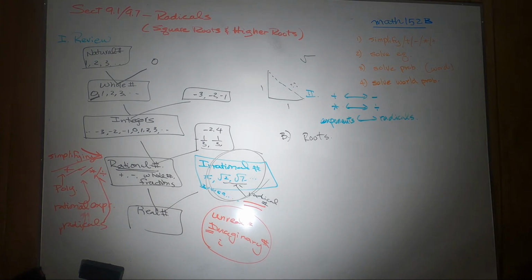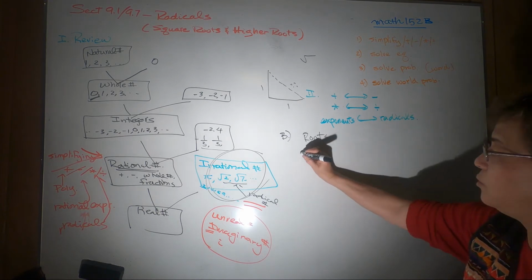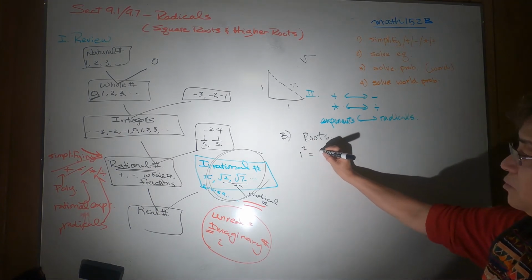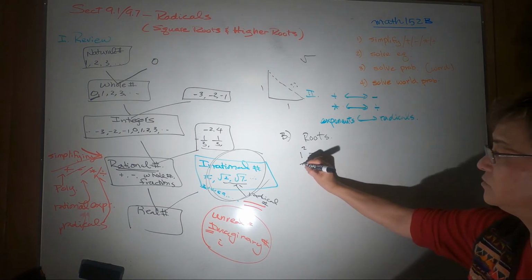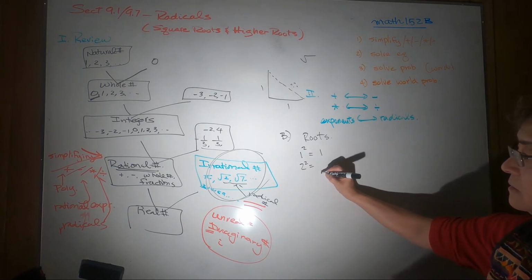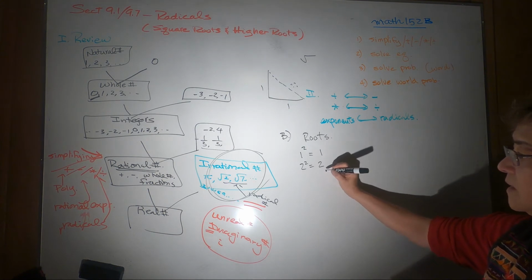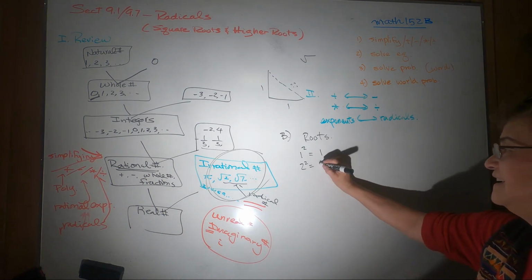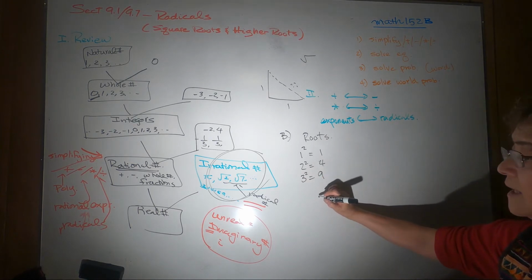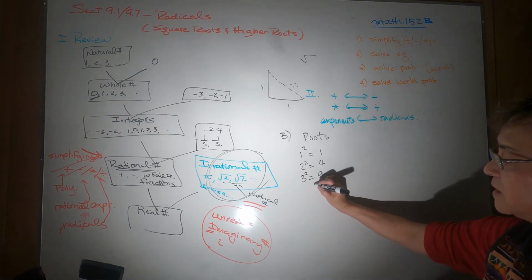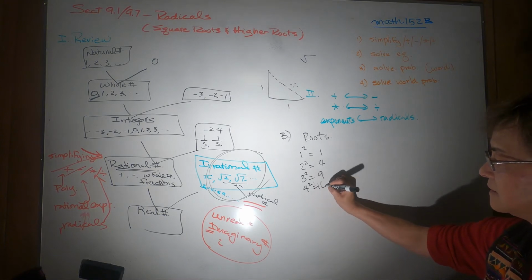What do we mean by that? Okay, so 1 squared would be what? 1, right? 2 squared would be 4. Oh, no. Never mind. 3 squared would be what? 9, right? So 4 squared would be what? 16.